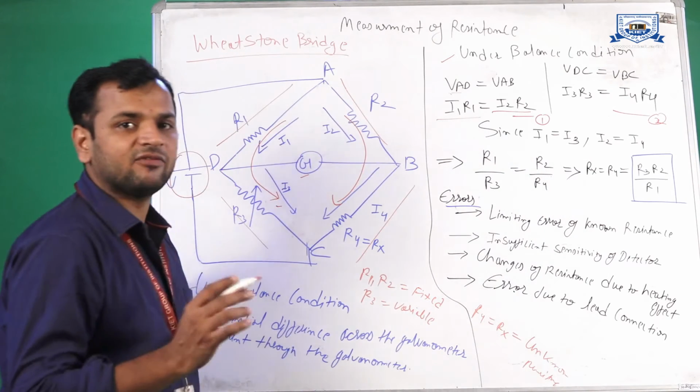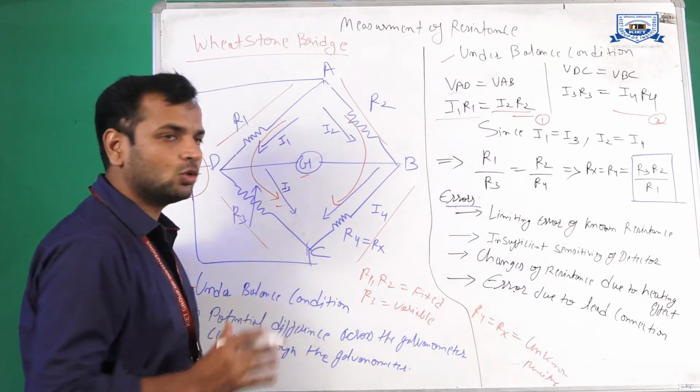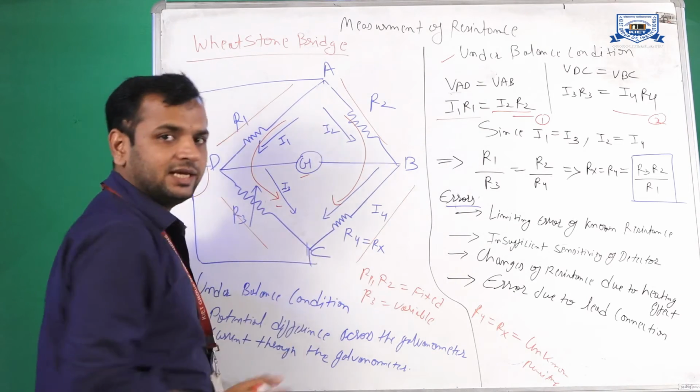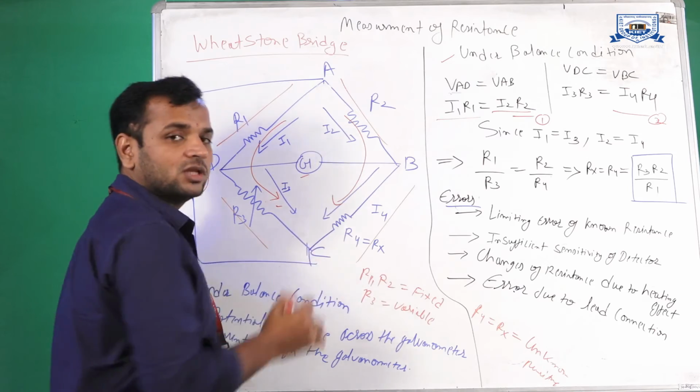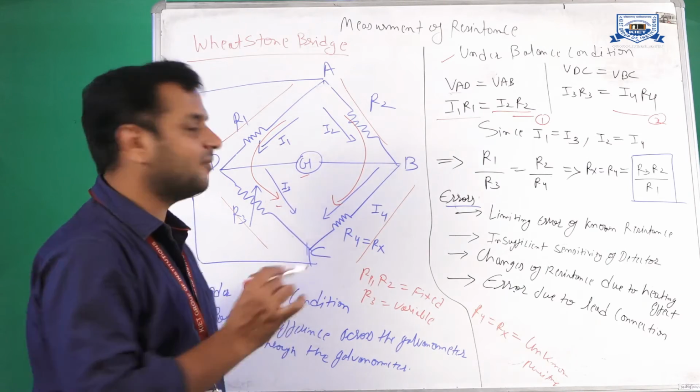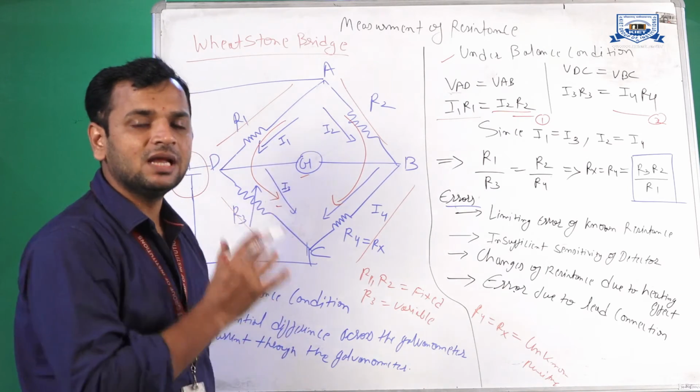Three values are known to us, R1, R2 and R3, so we can easily find the value of R4 using the relationship between all four.